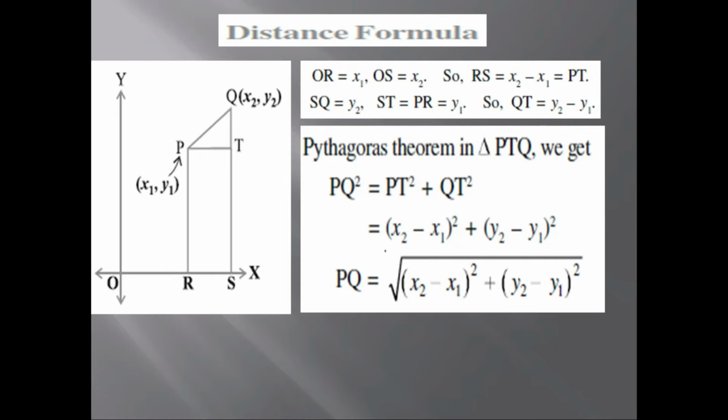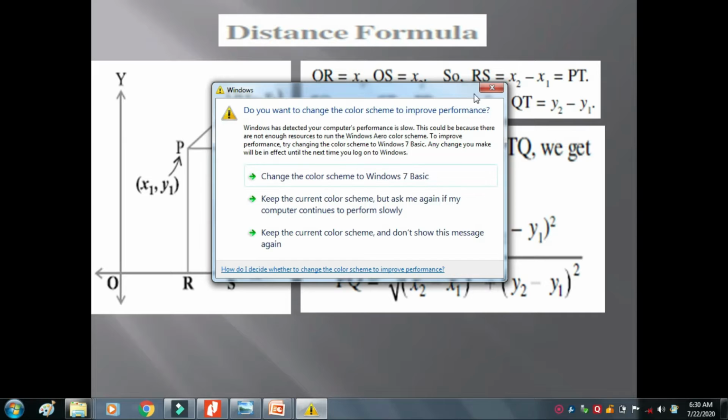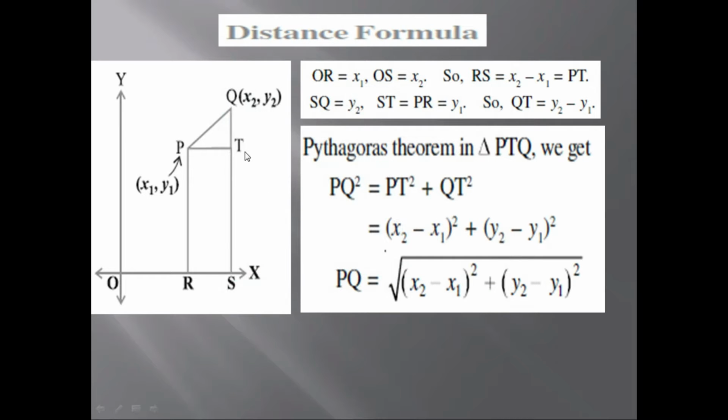Now in a right angle triangle PTQ, T is the right angle. So by using Pythagoras theorem, we can get the distance PQ square is equal to PT square plus QT square. And as we defined that PT is equal to x2 minus x1, so PT square will be x2 minus x1 square.